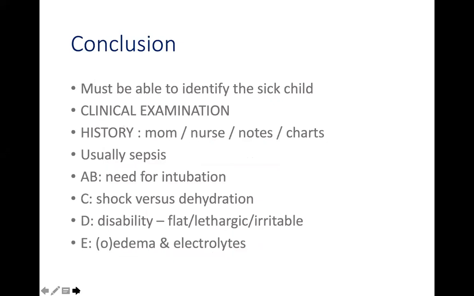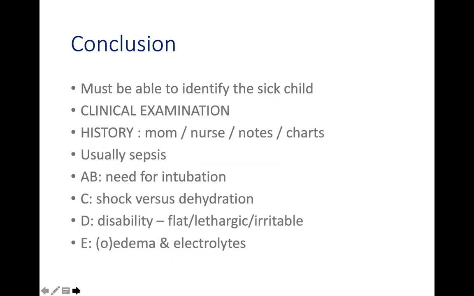So just to conclude, it's important to be able to identify the sick child, because that's the difference between life and death and instituting treatment. And I would argue that it really hinges on a good, thorough clinical examination, doing a septic screen, the basic bloods, and certainly a blood gas is useful in this instance to try and understand exactly how unwell the child is.